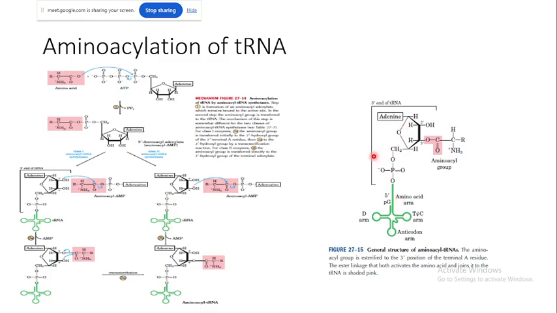At the 3' end there is CCA, meaning adenosine. In the ribose sugar of the adenosine, at the 3' OH position, this amino acid will be conjugated. So this is the structure of the amino acid tRNA.